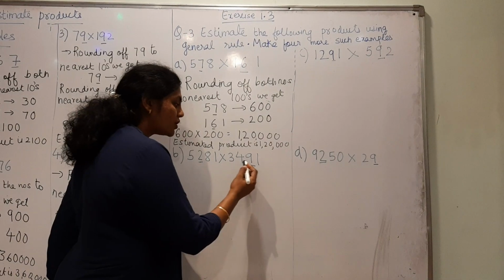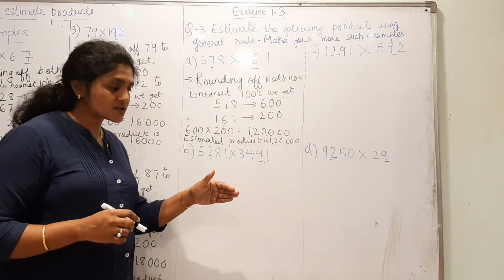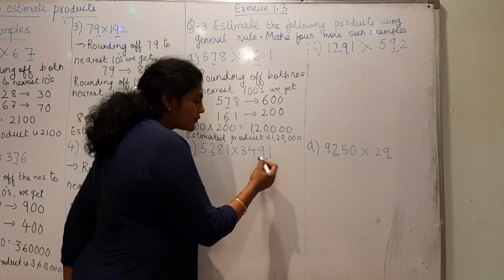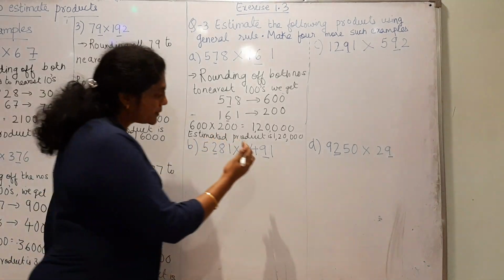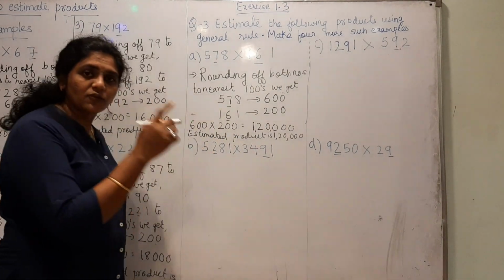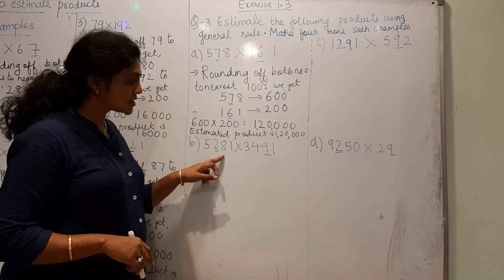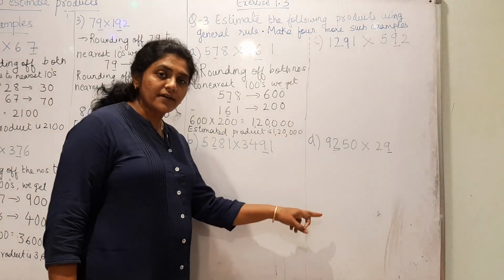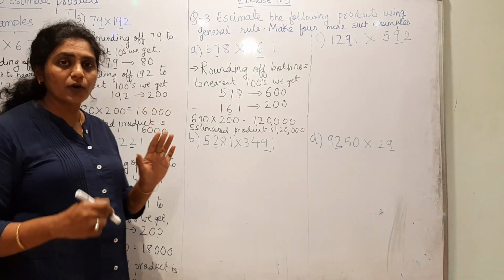I can round off the other to the nearest hundreds or thousands also. If I round off to the nearest hundreds, this will be 3500. It will be easy. So I will round off this to the nearest thousands and this to the nearest hundreds, and then we will multiply it. Okay.